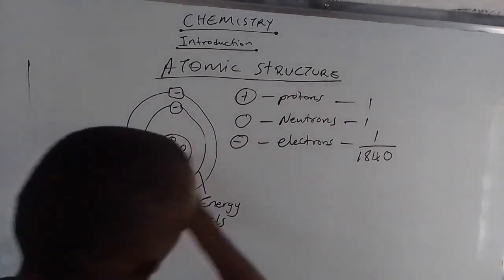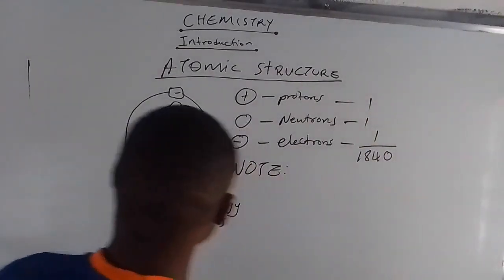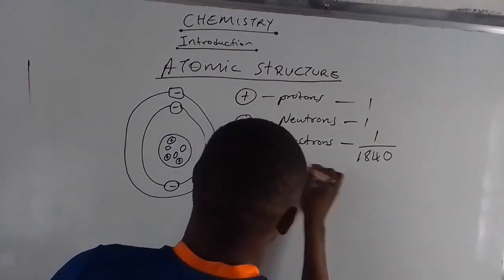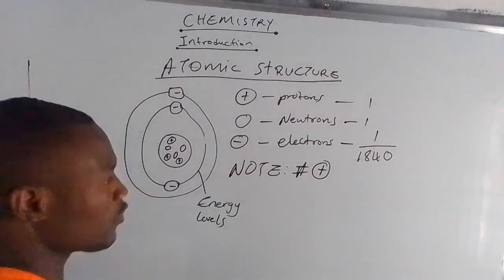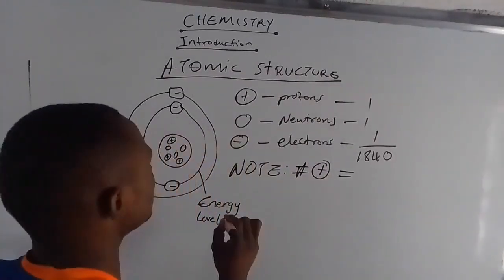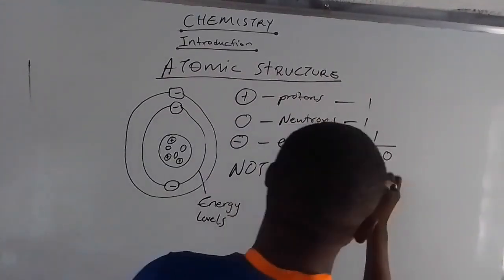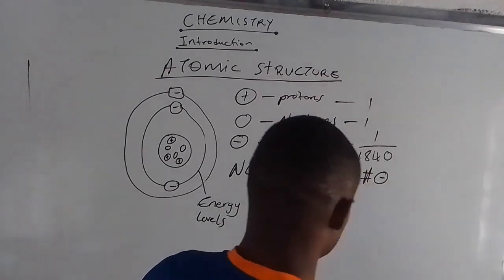So, this is the atomic structure. It's very important. Note that the number of protons in a neutral atom must be equal to the number of what? Electrons.